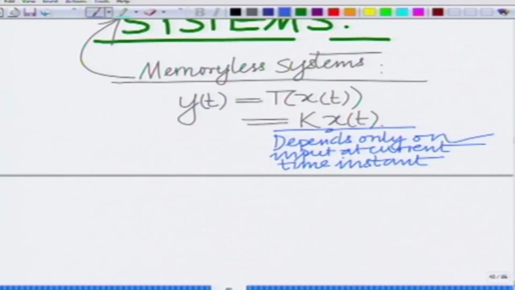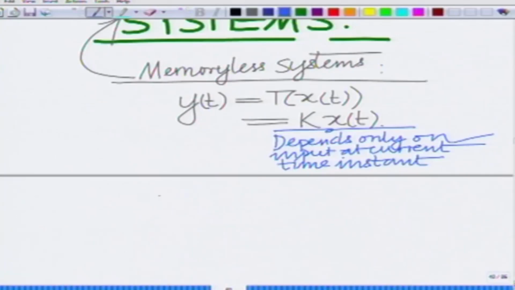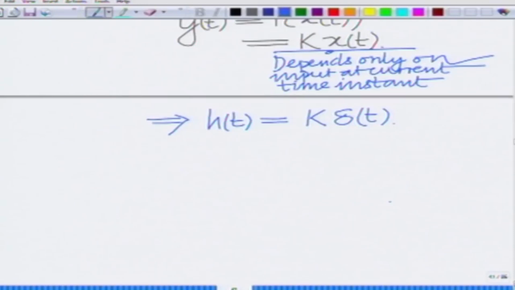So that is known as a memoryless system, it does not have memory, and hence the corresponding impulse response h of t of this system would be k times delta t, because the output depends only on the current input.